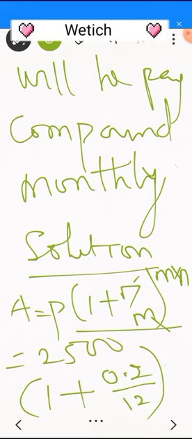So we are still on the bracket. We need to divide 0.2 by 12.